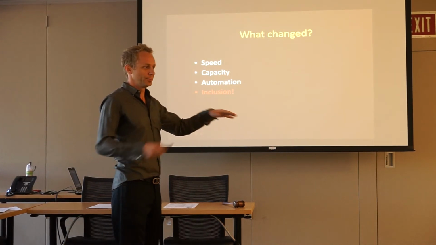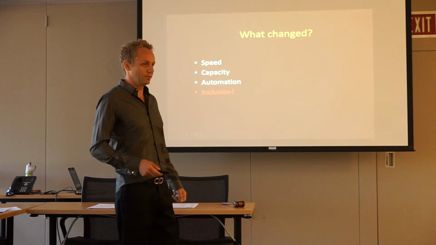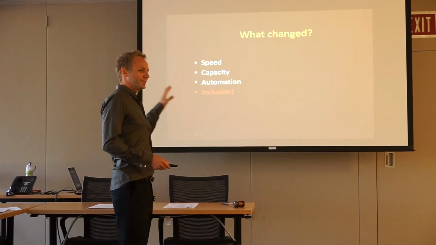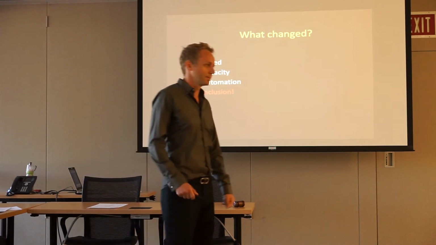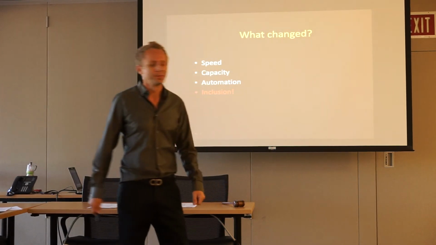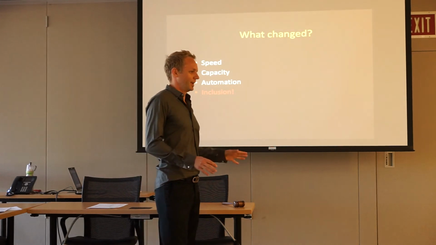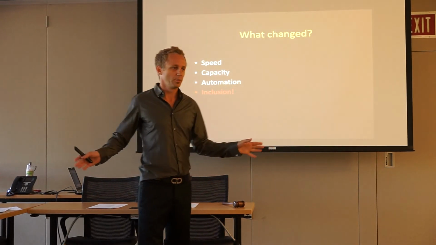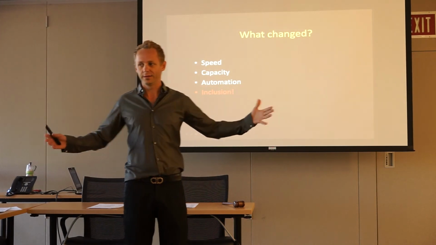Automated assembly, which is the code as it is today, is what changed the landscape. And inclusion. What do I mean by inclusion? Everybody is in it today. Everybody is included. We don't leave people out of technology. Everybody has a hand in technology.